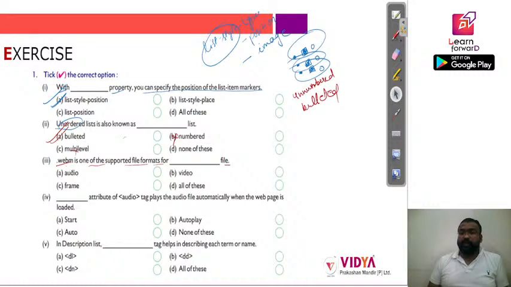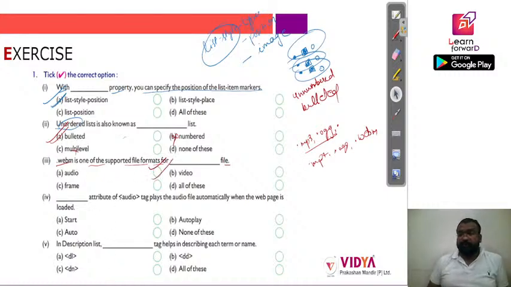So this is webm, and in audio we have seen there were formats like .mp3 and .ogg. While in video we have .mp4, .ogg, and .webm. So this format belongs to your video.